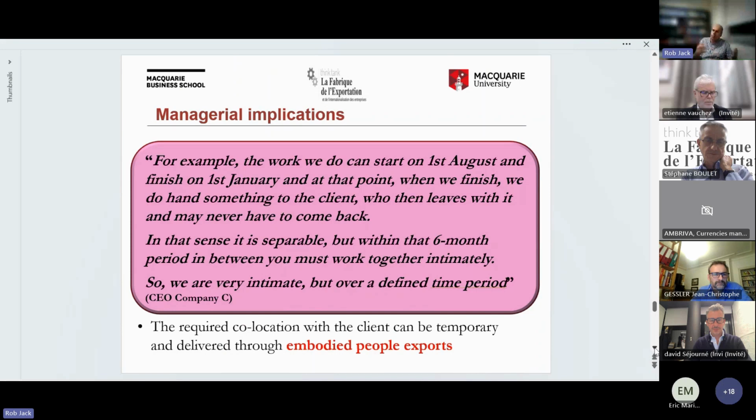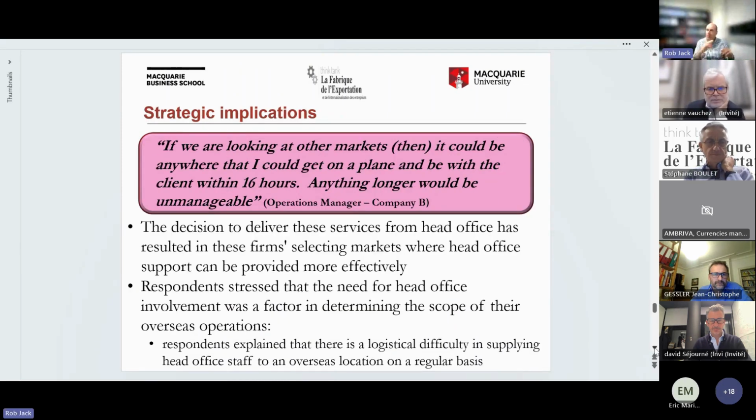This is very important because it's this type of analysis that determines the way that these firms will internationalize with this product complexity, and in particular, the choice of markets. This is evident in this slide. Again, this is an interesting observation. "If we're looking at other markets, then it would be anywhere I could get on a plane and be with the client within 16 hours.